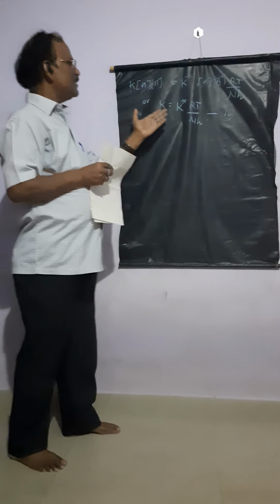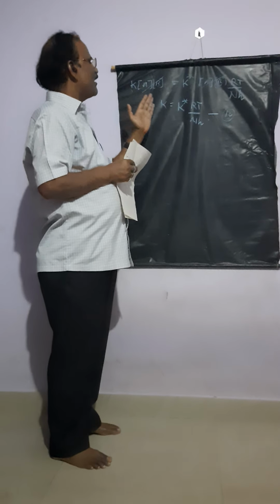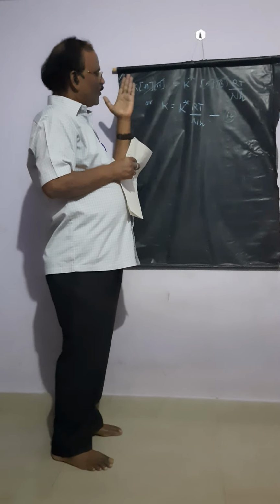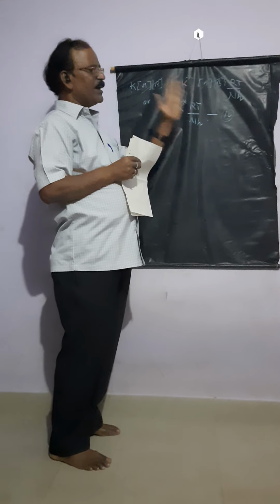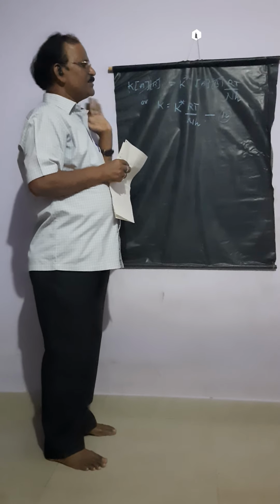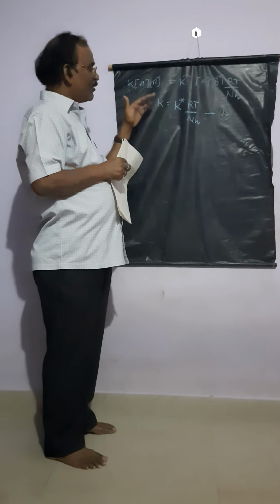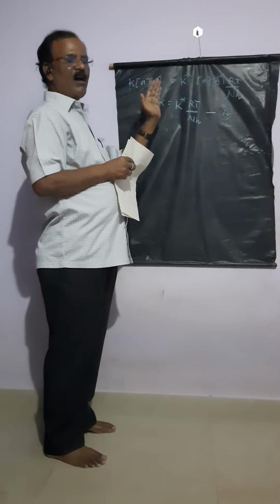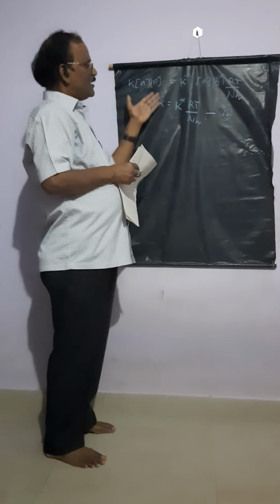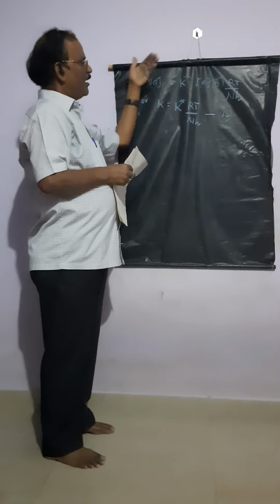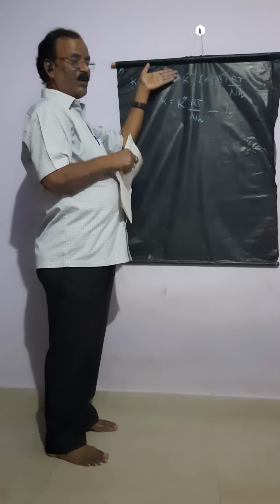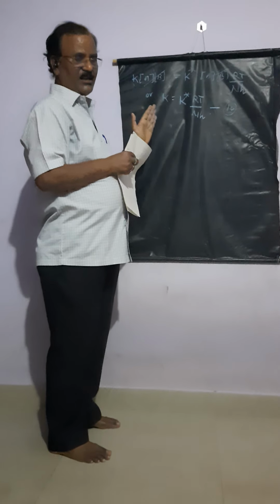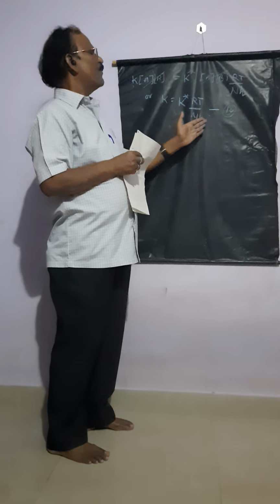This expression does not contain any concentration terms A and B, and it holds good for almost all the reactions, for gaseous reactions, for solid reactions, even for complex reactions, because it is independent of concentration. Hence, it is one of the main advantages of transition state theory over collision theory. So it holds good for almost all the reactions.